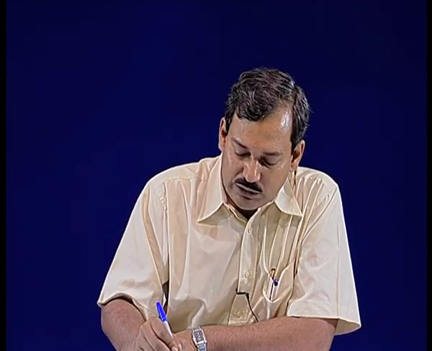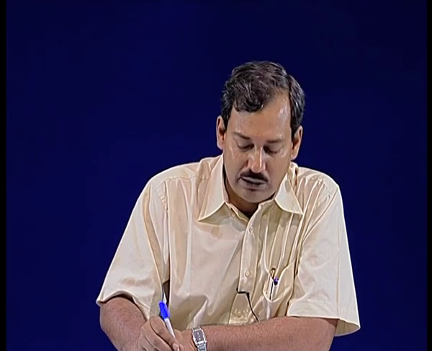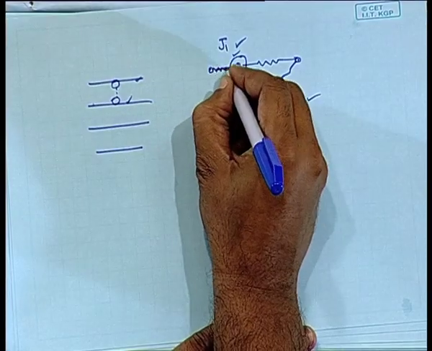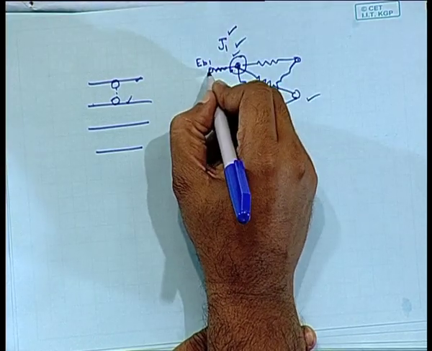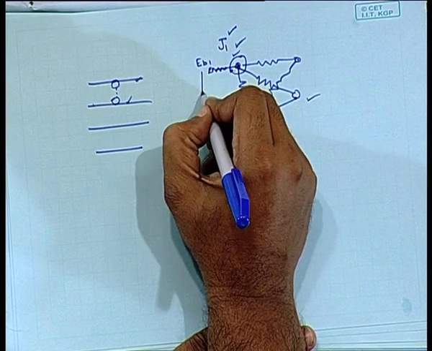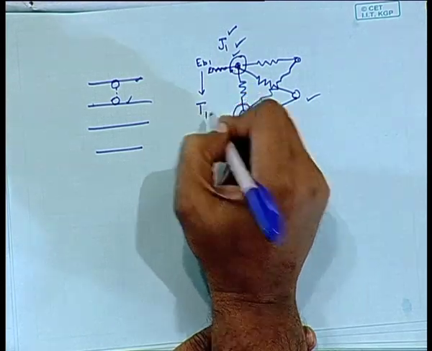Once you know the numerical values of J1, J2, J3, etc., then EB1, etc., would obviously be known to you. Suppose using matrix inversion you know J1, and this is your surface resistance, this is your E1. If J1 is known, then EB1 can also be found. Once EB1 is found, then the temperature of surface 1 can also be found.